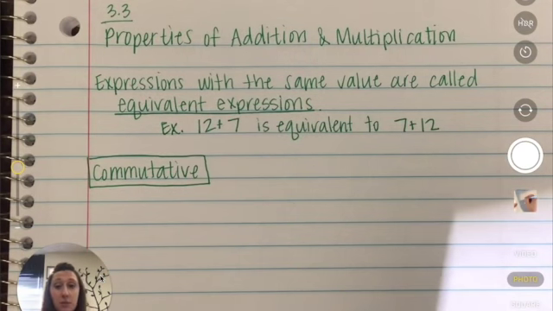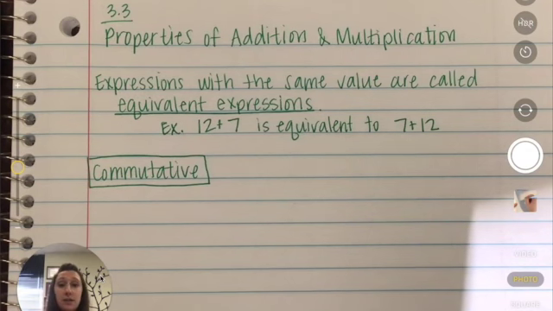So we're going to look at some properties that allow us to make equivalent expressions. Some of our expressions will just be numerical and some of them will be algebraic, which means they'll just have a variable. So we'll be looking at those different types of expressions, and we'll be looking at the properties as they relate to adding and multiplying.